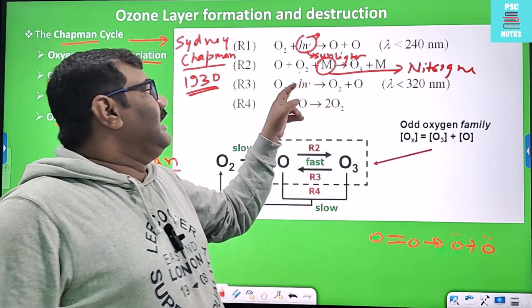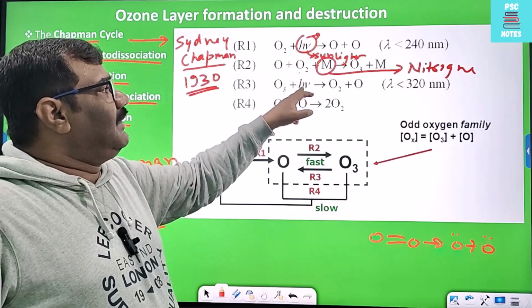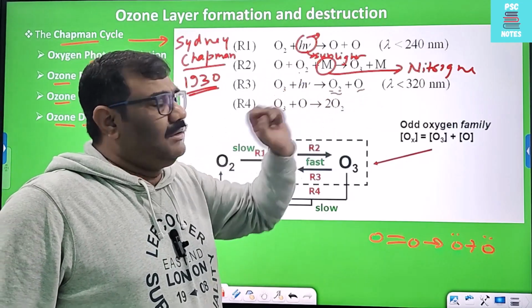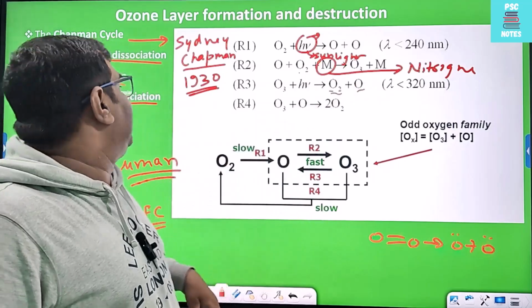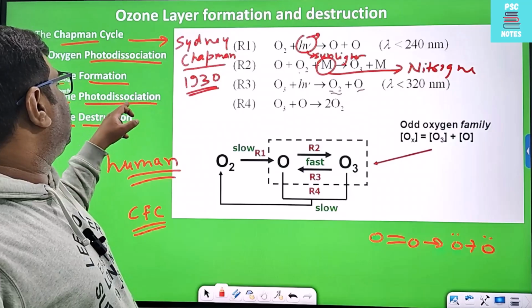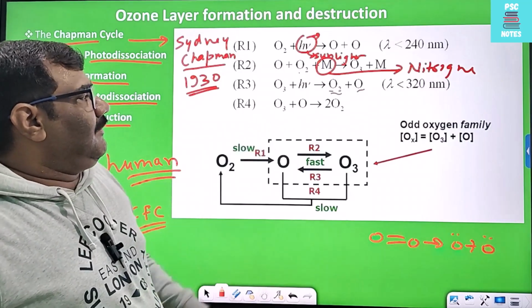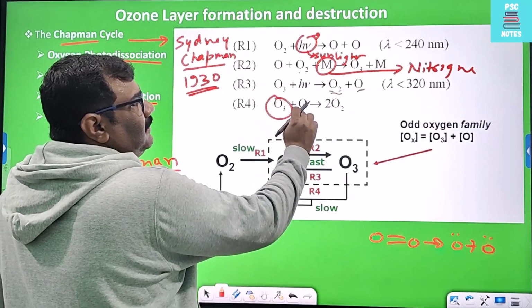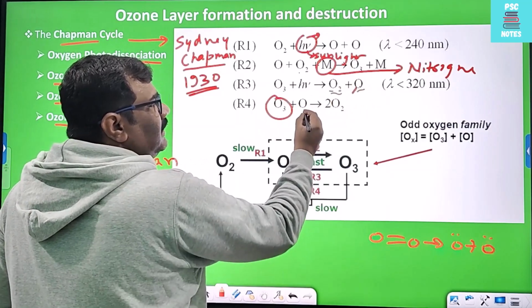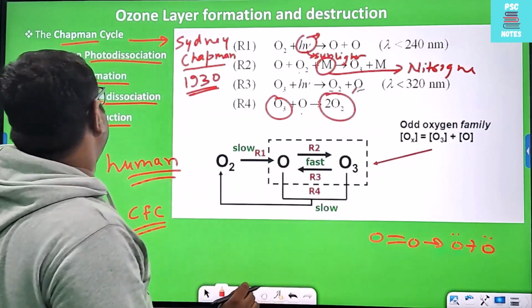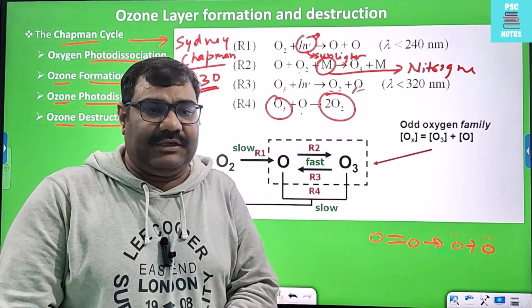Then again, the ozone in the presence of light breaks into oxygen and oxygen. It is known as ozone photo dissociation. Then finally we have ozone plus free oxygen, which converts into 2O2. It is known as ozone destruction.